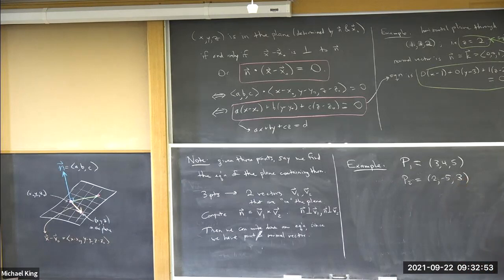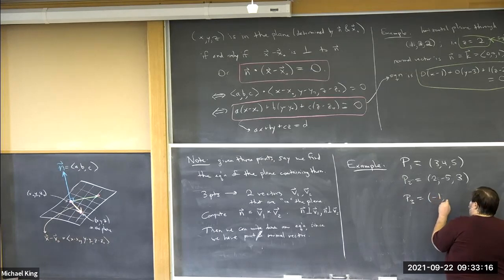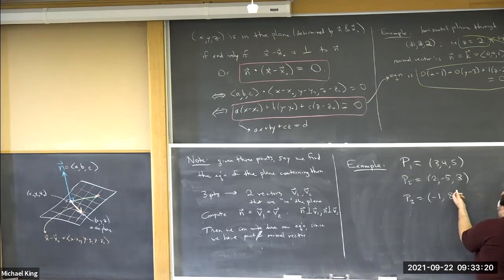And somebody over here wants to give me a point. 184. Wow, an 8's in there. Let me just throw a couple negative signs in here. -1, 8, -4. Okay.